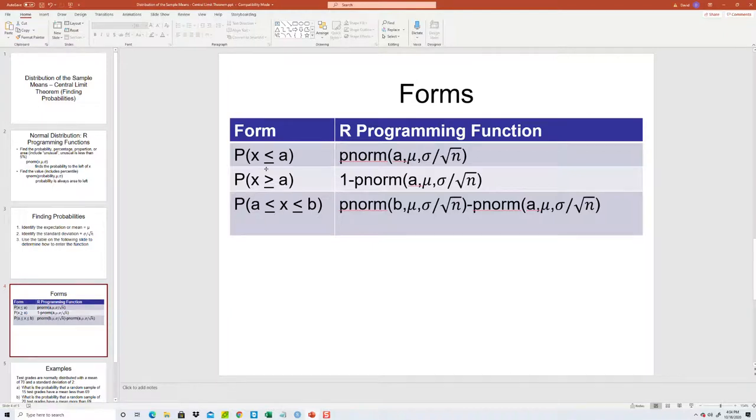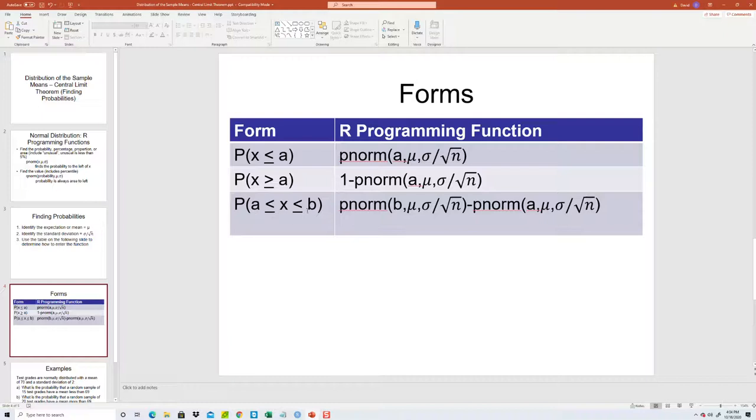If you got probability x is less than or equal to a, or x is less than a, whether it's less than or equal to or less than, same with all of these, then it's the same formula. And we're going to use p-norm, then a comma mu comma sigma divided by square root of n. If you got probability of x is greater than or equal to a, you do 1 minus p-norm, a comma mu comma sigma divided by square root of n.